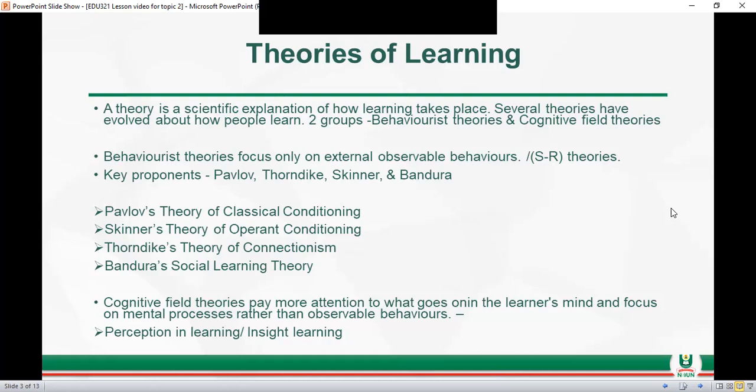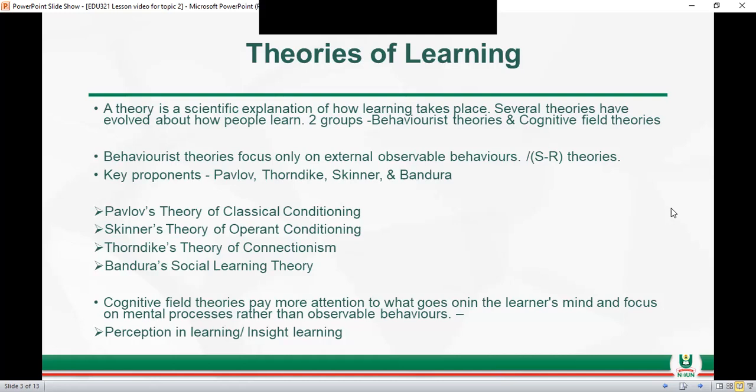In the broad sense, the theories of learning may be classified into 2 major groups: the behaviorist theories and the cognitive field theories.